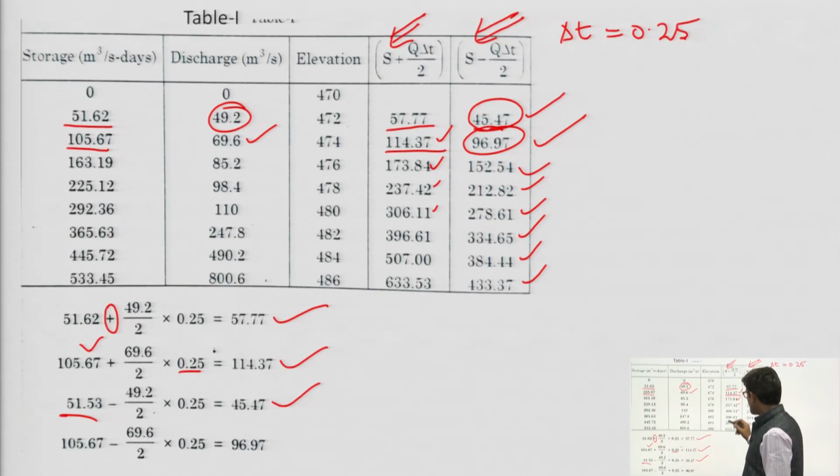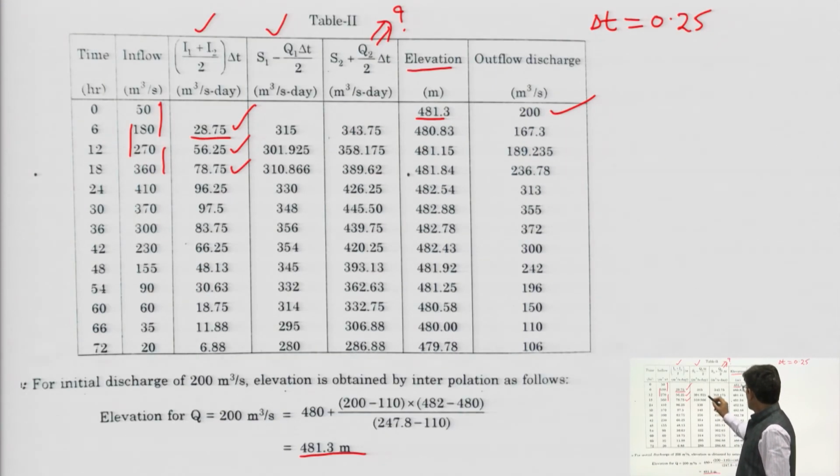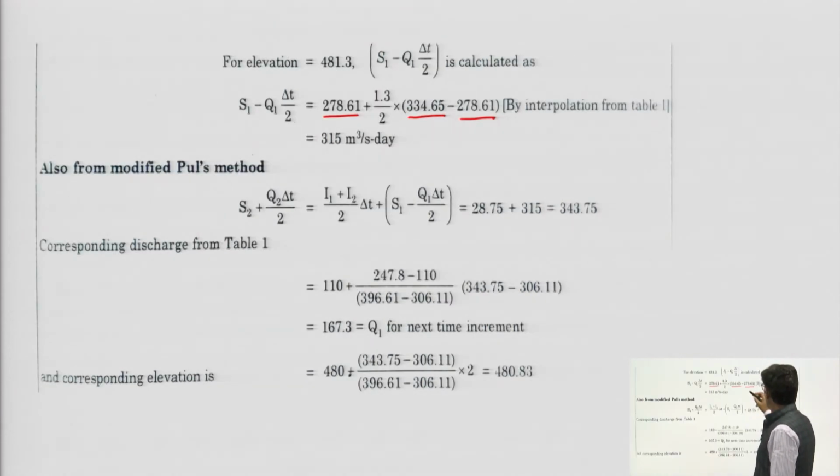Right. So this data, 315, has been calculated by interpolating at this one.